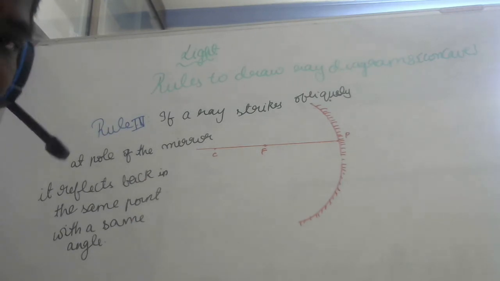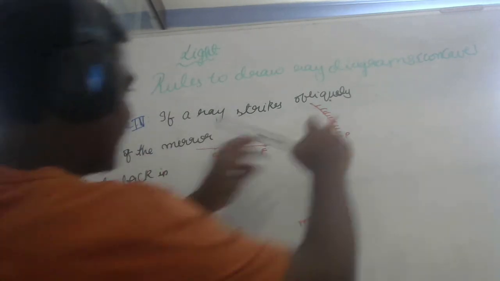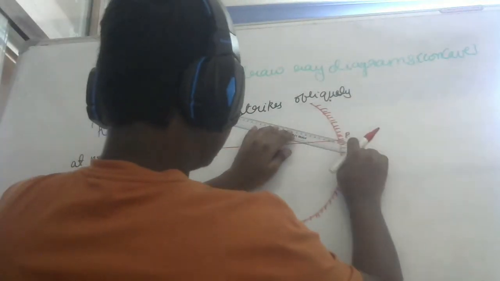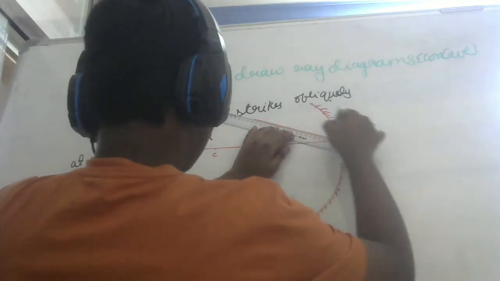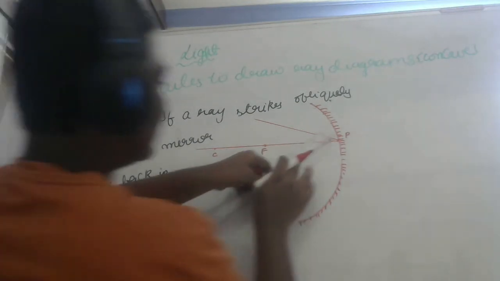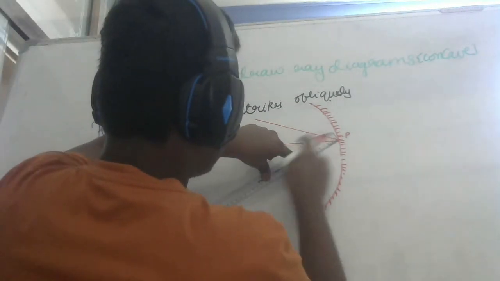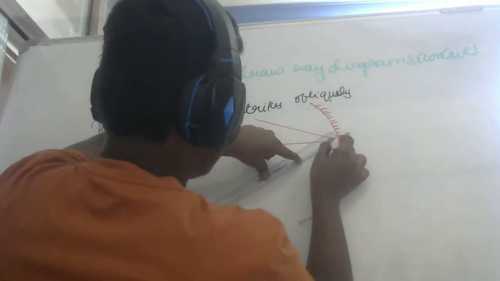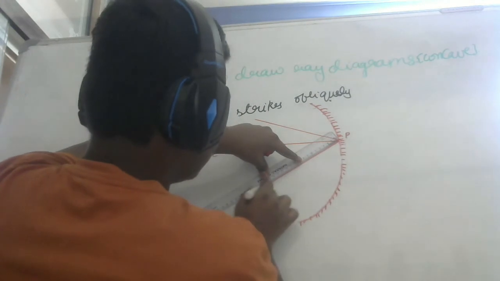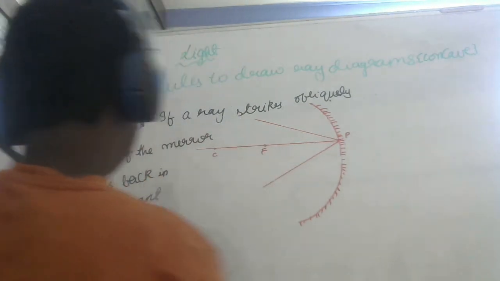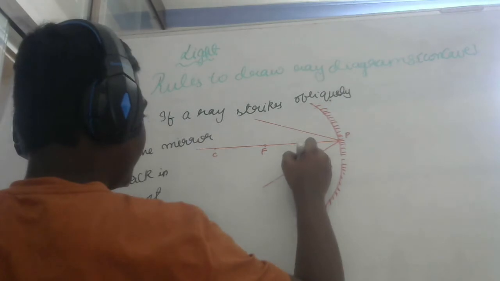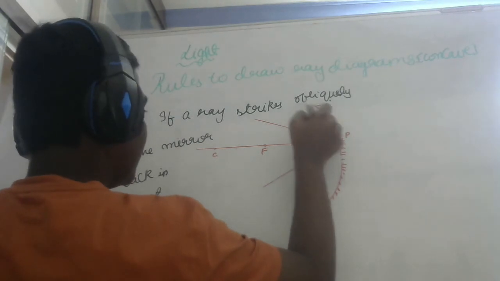So there is the ray and it is striking at the pole, and then after striking the pole, it reflects back at the same point, forming the same angle.